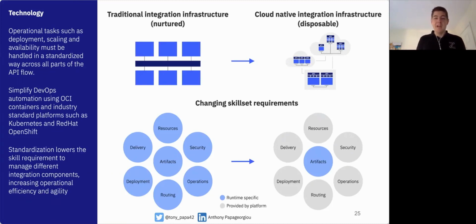And really, they've been proven that if you start to move to this kind of model, you allow people to minimize that skill set and that barrier to entry. You allow the team to say, look, we're going to handle security and deployment and build and everything the same way across all aspects of this solution.